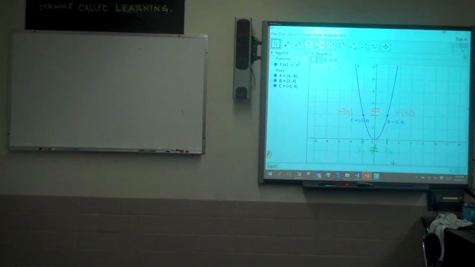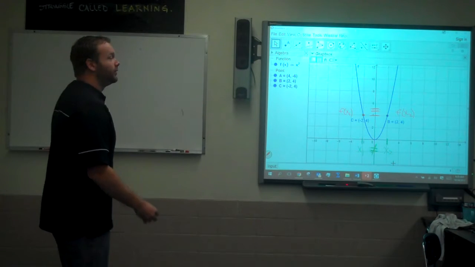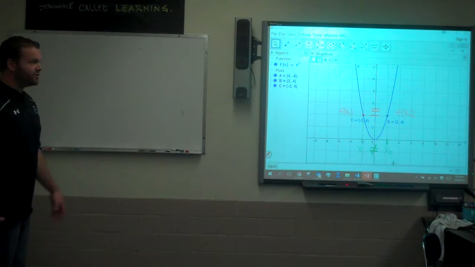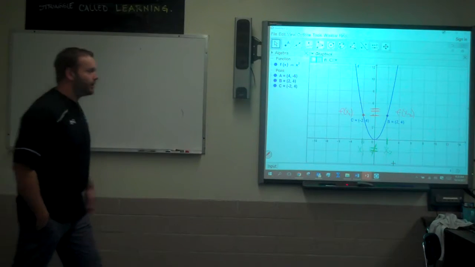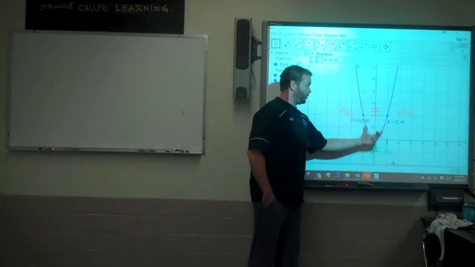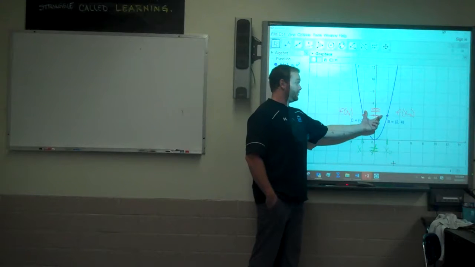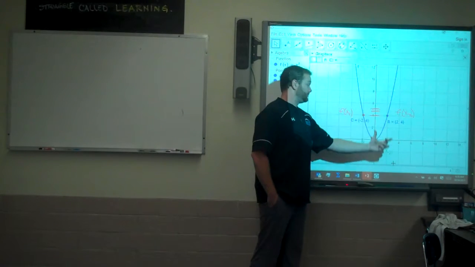So that does not satisfy that definition, which we said this function is not one-to-one, where when your x's are different, your y's have to be different. And it's actually a two-way street, so when your y's are different, your x's are different.